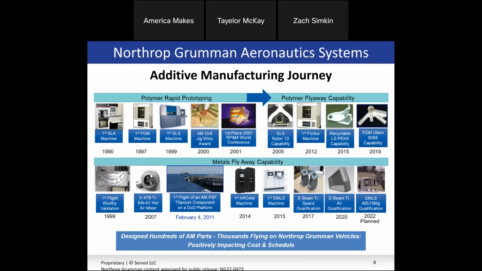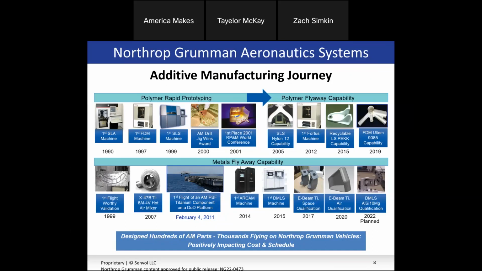We've done a lot of work with the DoD to develop specific materials and processes up to a point of maturity to fly parts in production, and continuing to do so with newer and more innovative materials and processes today.